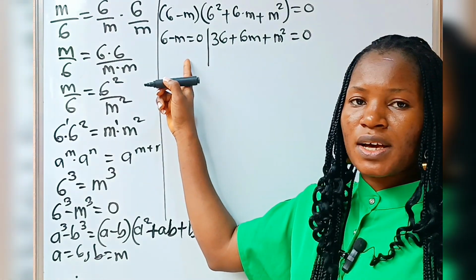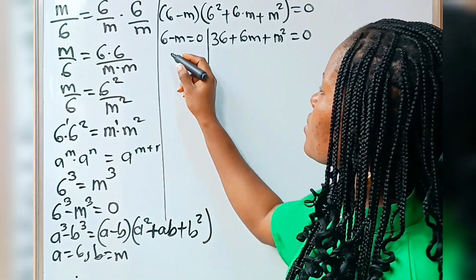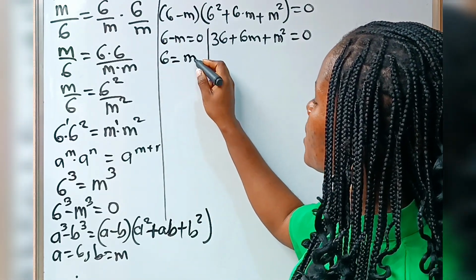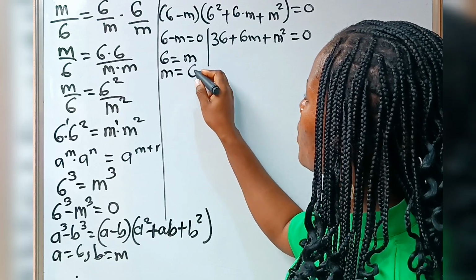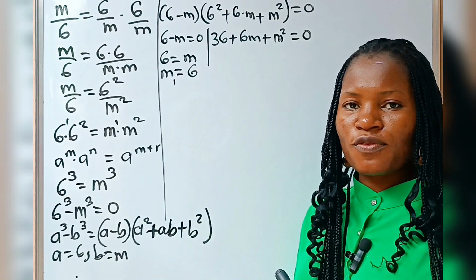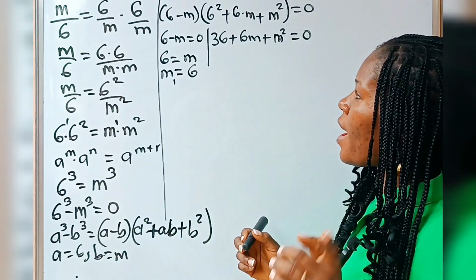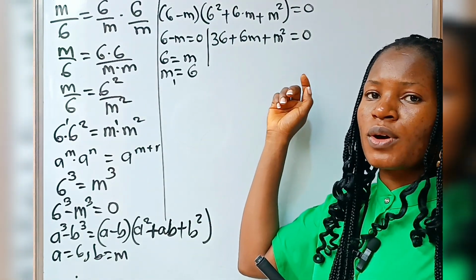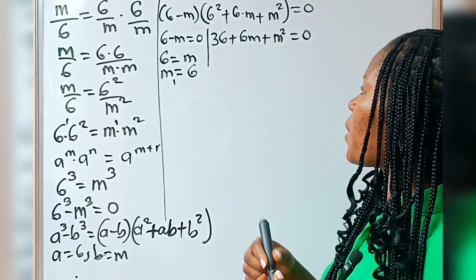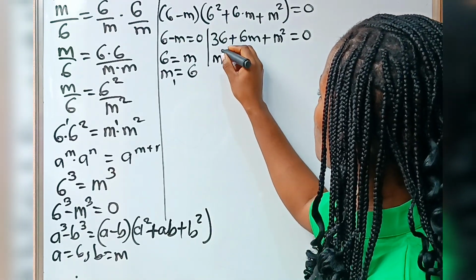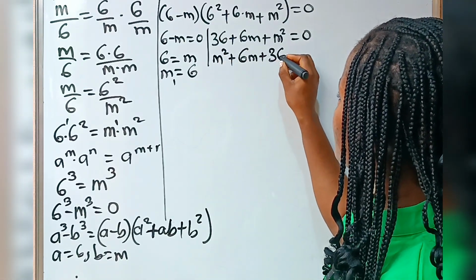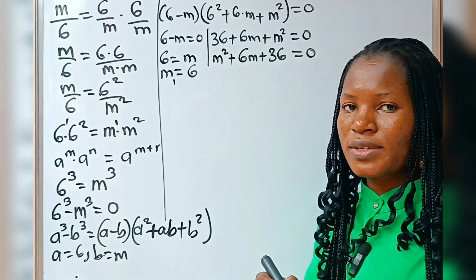Now if we solve the left hand side, we are going to have that 6 is equal to minus m, which will cross to become plus m. So that means m is equal to 6, and this is the first value of our m. Now this other part is a quadratic equation, so let's rearrange it in the right way. m squared is supposed to come first, followed by 6m, then we have 36 is equal to 0.